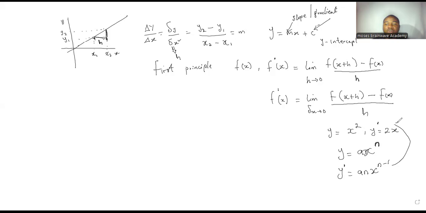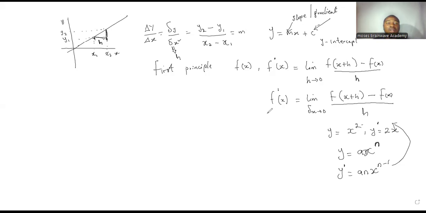And similarly, that's how we got this. Because of 2, we multiply 2 by the entire function, we got 2. Then we have 2 minus 1, which we got x. Now, the concept of the first principle can still be applied to functions like this.